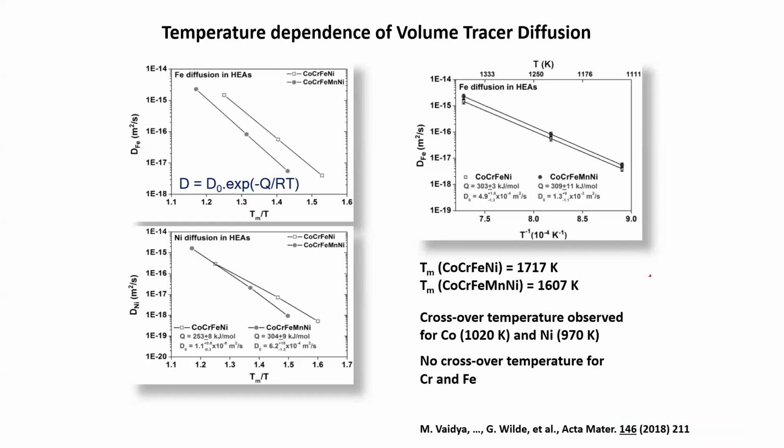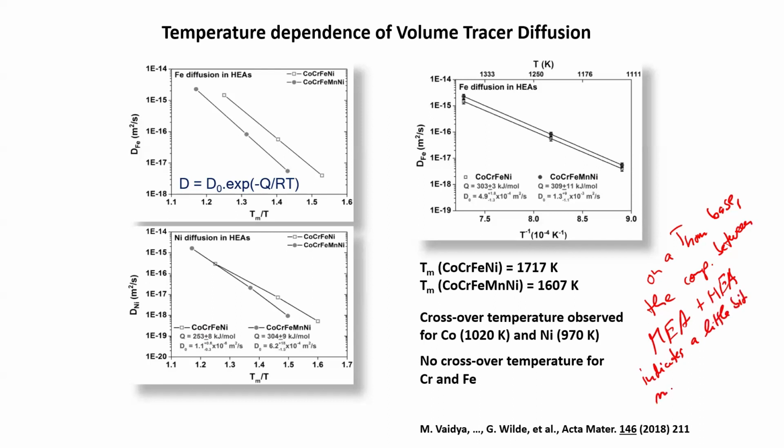So on a homologous temperature base, the comparison between medium entropy alloy and high entropy alloy indicates a little bit more sluggish diffusion in a high entropy system.